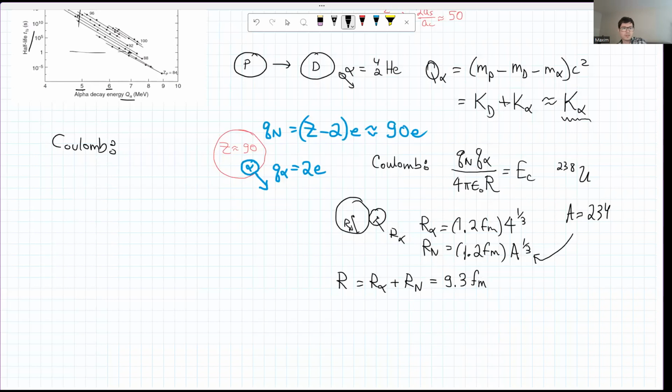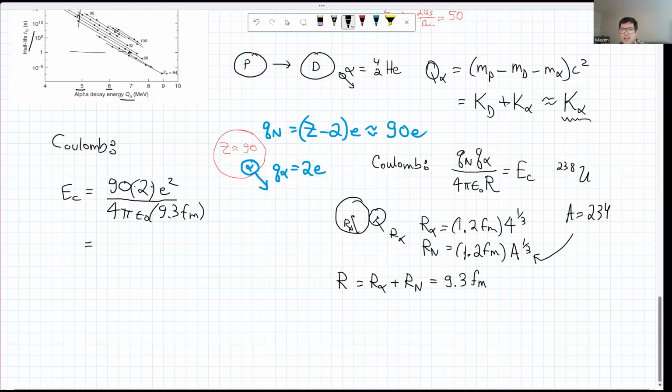The Coulomb interaction is Qn, the charge of the nucleus, which is 90, times 2, times e squared, elementary charge squared, all over 4 pi epsilon naught and 9.3 femtometers.